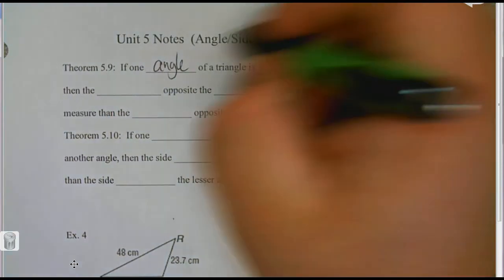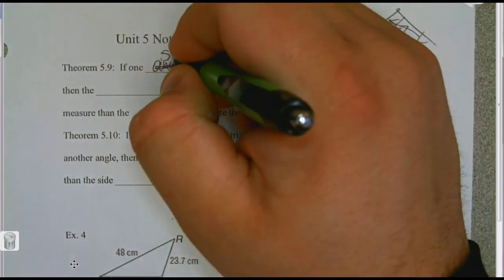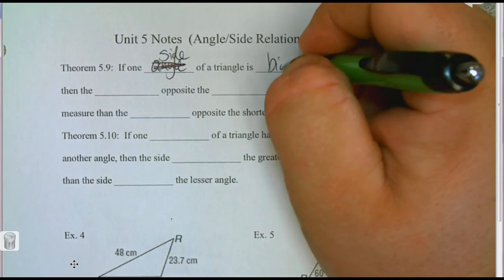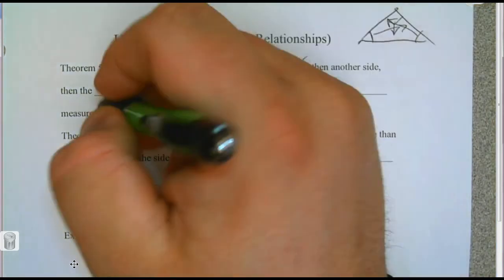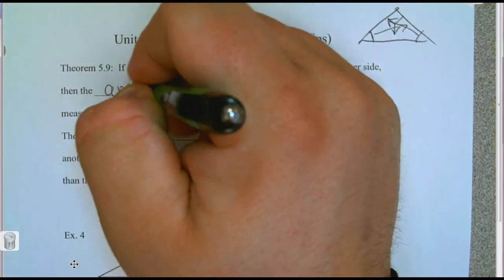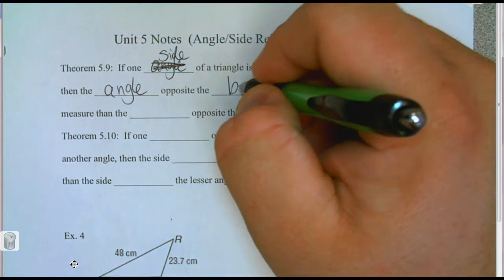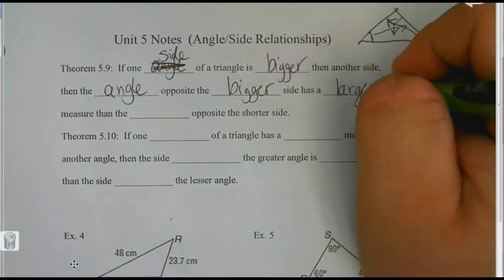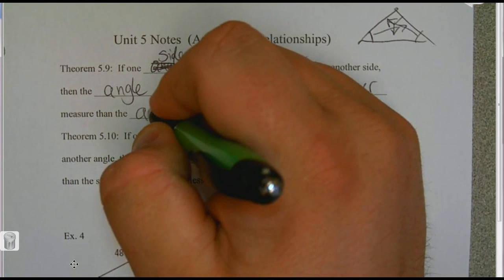So essentially the rule is, we did the side first: if one side of a triangle is bigger than another side, then the angle that is opposite the bigger side has a larger measure than the angle opposite the shorter side.